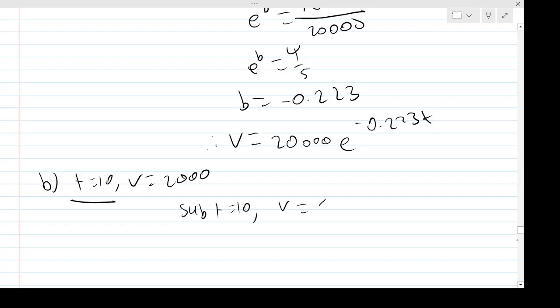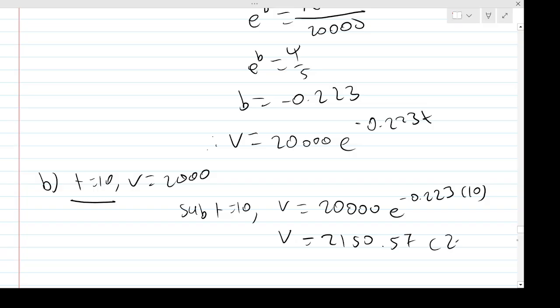So v is 20,000 e to the negative 0.223 times 10. If I put that in the calculator, I'll get v to be 2150.57, to 2 decimal places.